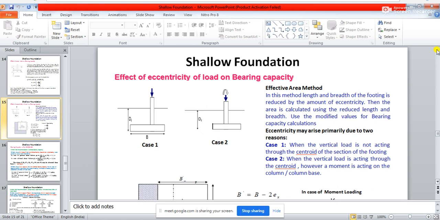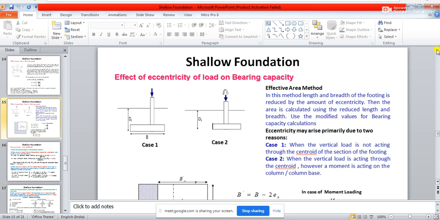Such a load is called eccentric loading. Whenever there is eccentric loading on a footing, the bearing capacity of the footing will change, and how the effect of eccentricity is taken into the bearing capacity equation, we will discuss today.